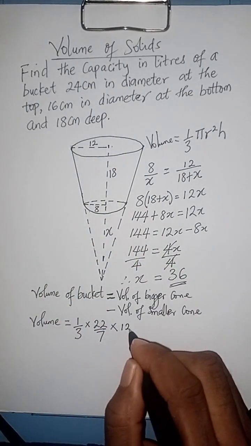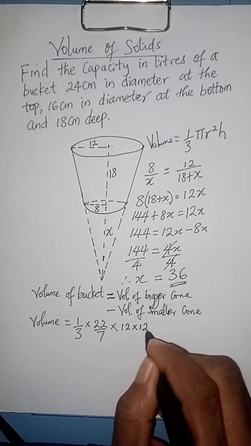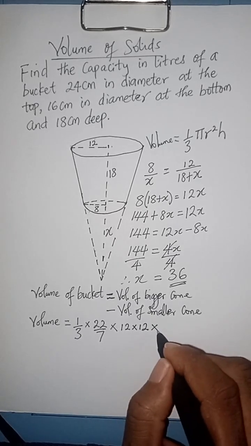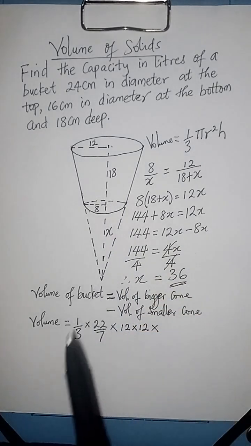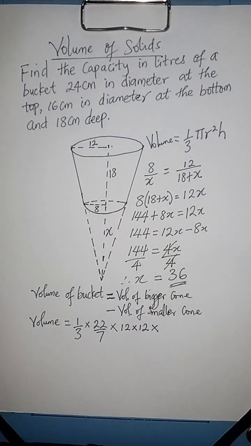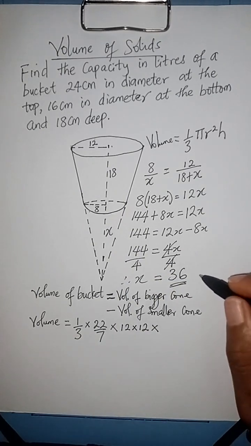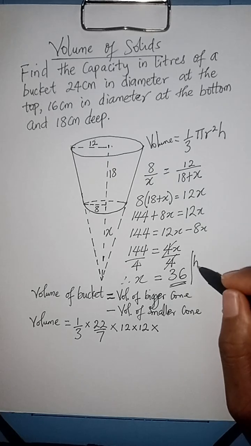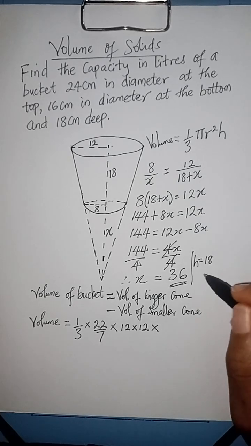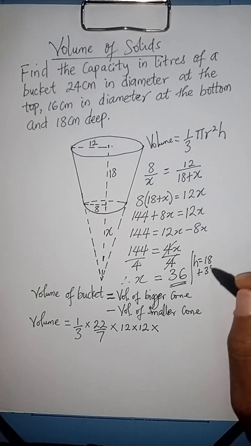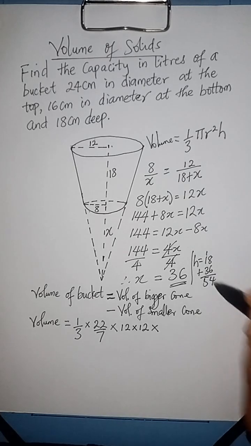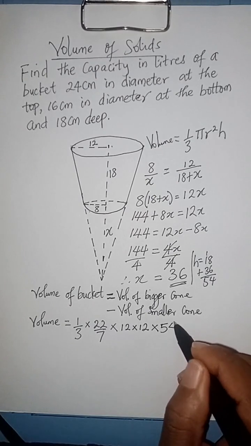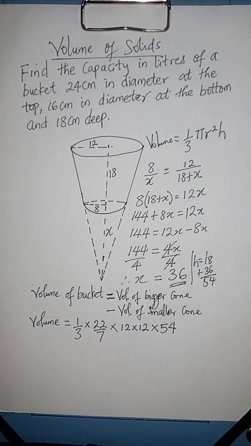So 12 square is 12 multiply 12. And multiply the height. The height is 18 plus x, and x is 36, which will give you 54. So we've gotten the dimensions for the bigger cone.